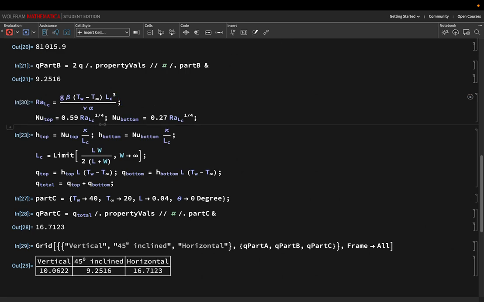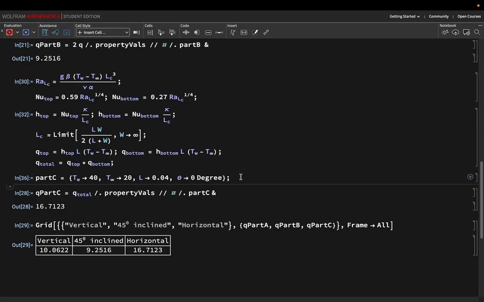It is the new LC. I'll calculate my Nusselt number, and accordingly I will update my heat transfers. I'm getting this around 9 point something.